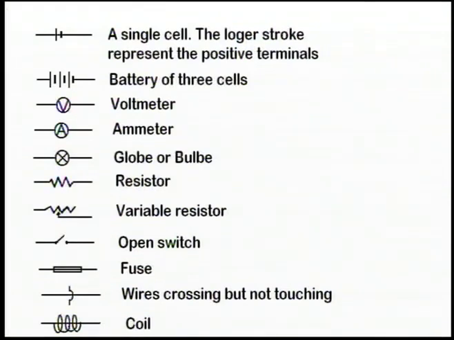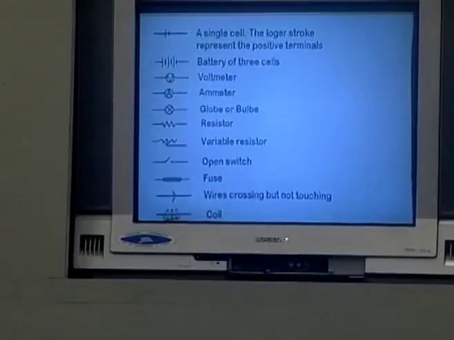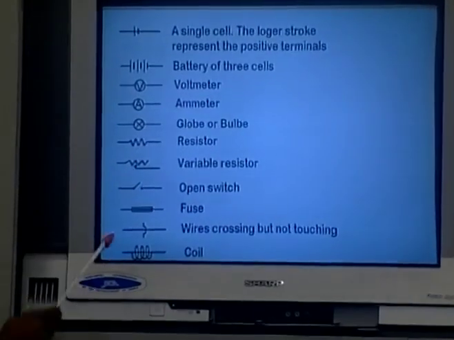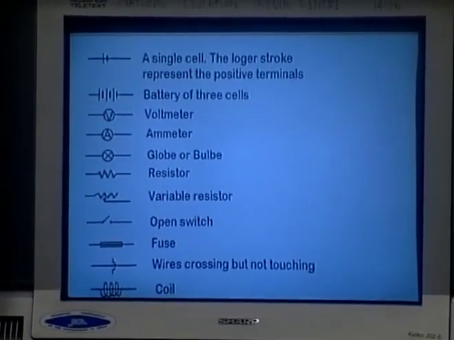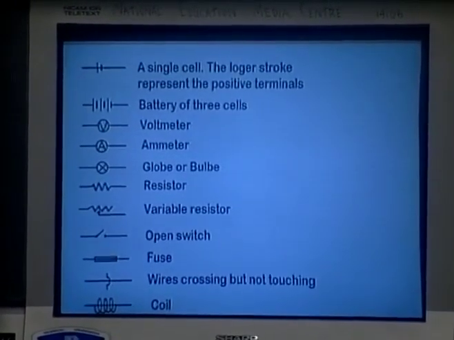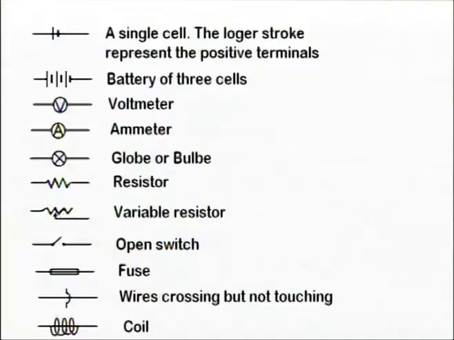There is a gap in the circuit. What's going to happen if we close the switch? The fuse, this is wires crossing but not touching. And this is a coil. So these are some of the circuit symbols which we will be using. I'll give you a few minutes to get this down into your notebooks. Receiving students, you can copy this down.